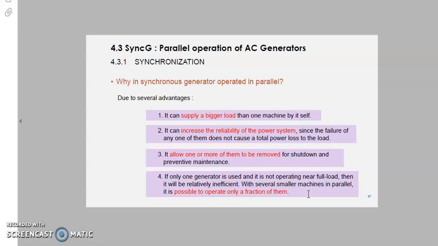The other 3 machines, you keep shut down. You only turn them on when the load requires. So it is possible to operate only a fraction of them, means you just operate 2 out of 5, or 1 out of 5, at near full load condition.